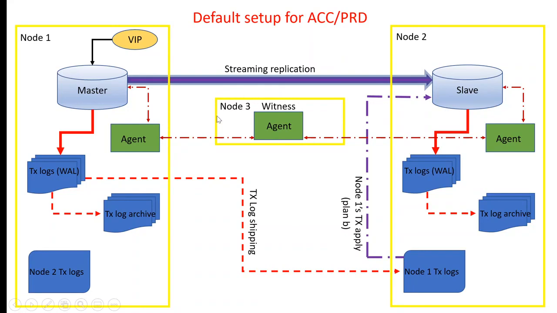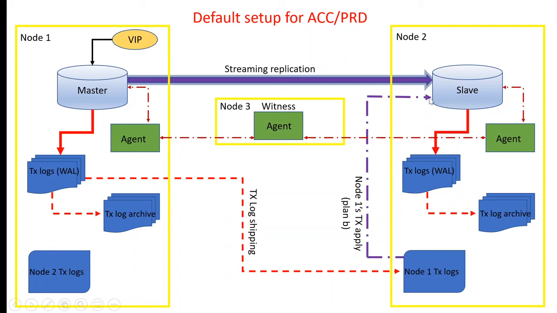And node 3 runs just an agent, and we call it the witness server. Now those 3 agents together monitor the health of the cluster. And if the master dies or becomes unavailable in some way, the failover managers, those 3 agents together, will promote the standby database or the standby instance to master, basically.